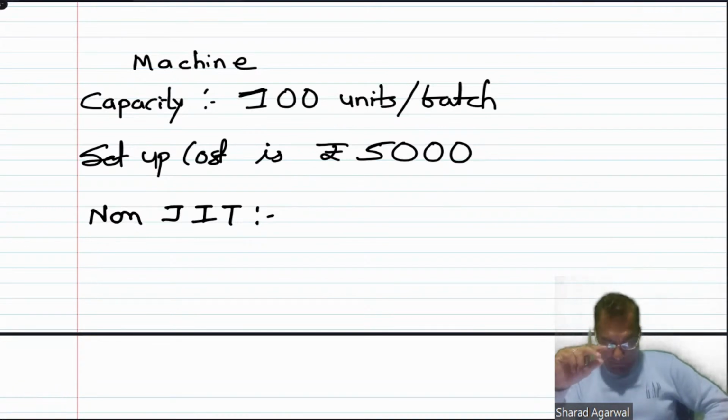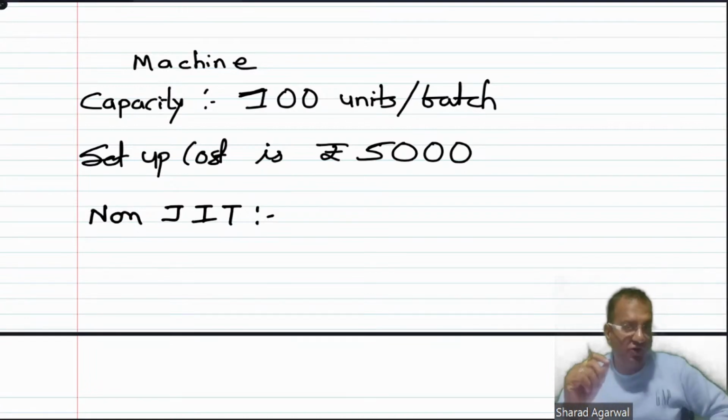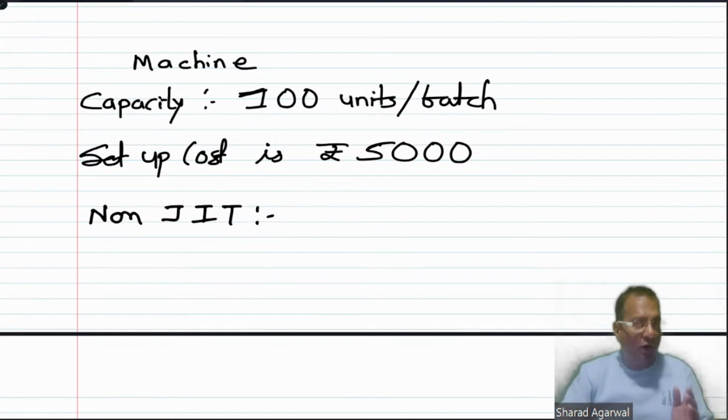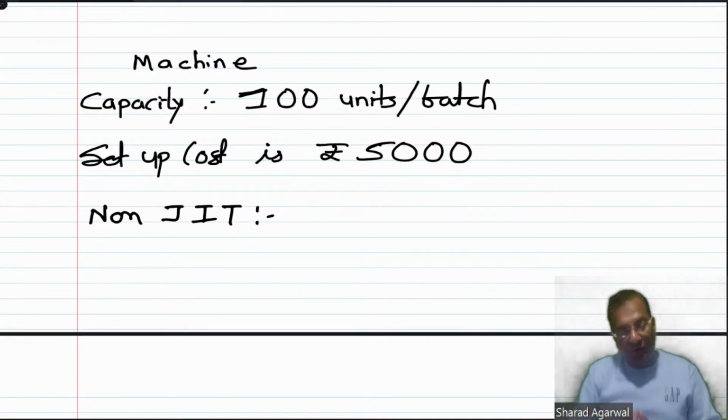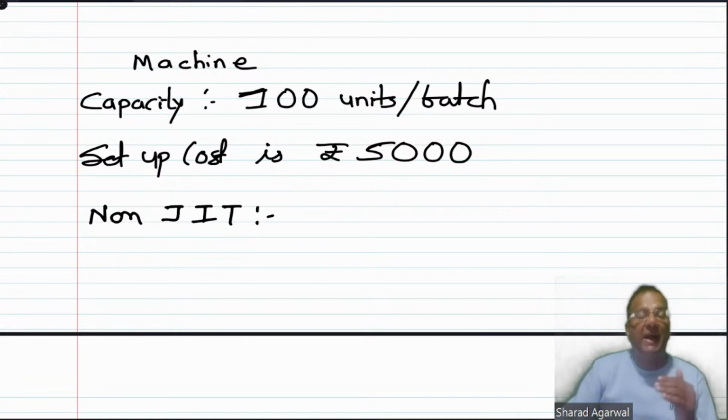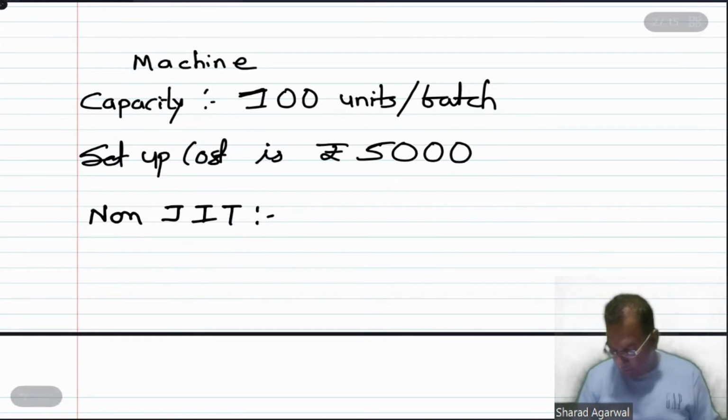Okay. So in non-JIT system, please listen to my words very carefully, beta. In order to reduce the setup cost per unit, not in totality per batch, what we are doing, we are manufacturing the maximum units that can be manufactured in a batch, so that our setup cost per unit will get reduced.